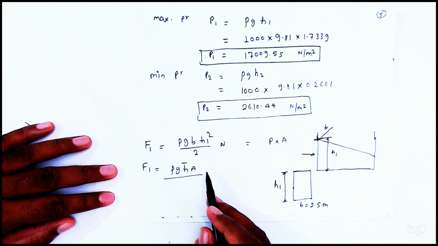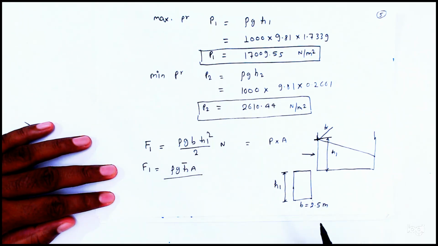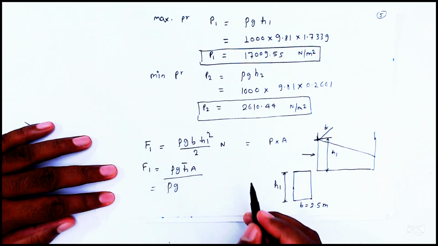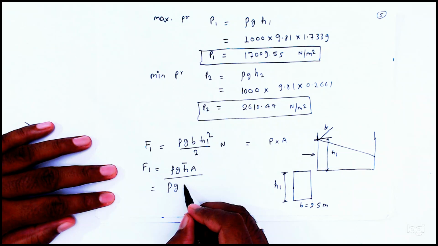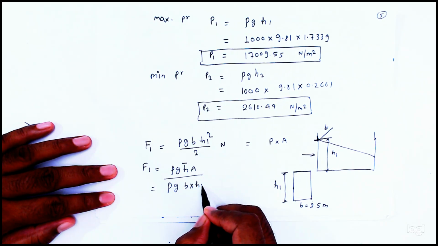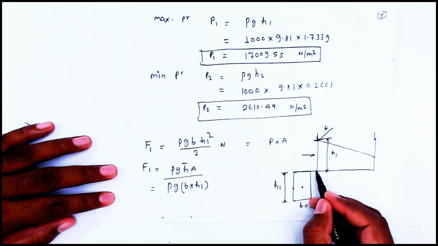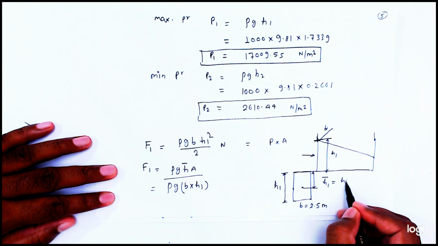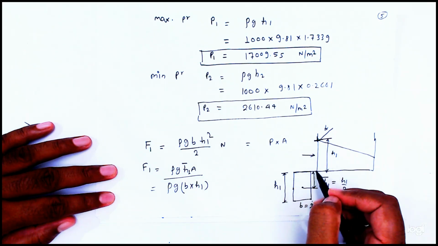It means rho g h bar is the pressure, and the area is equal to b into h1. And h bar is the distance from this point to this point, so h1 bar is equal to h1 by 2, because we are taking this end.